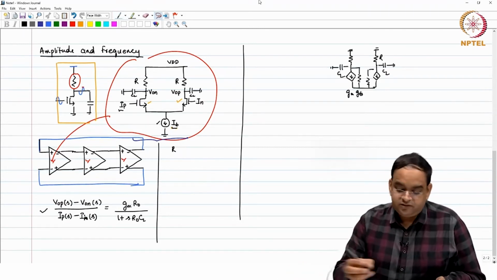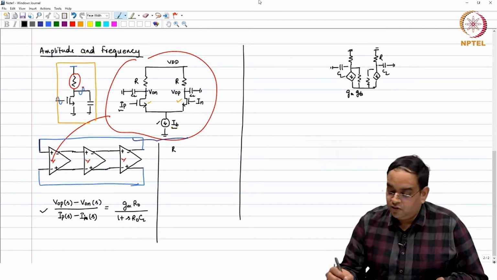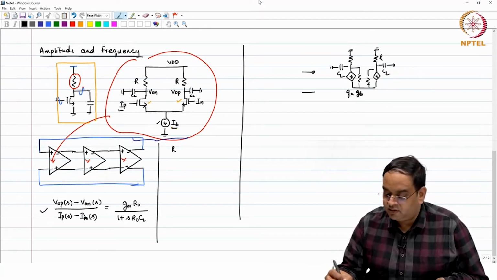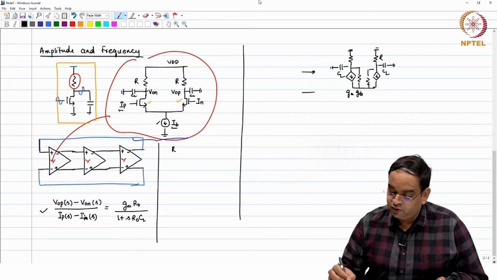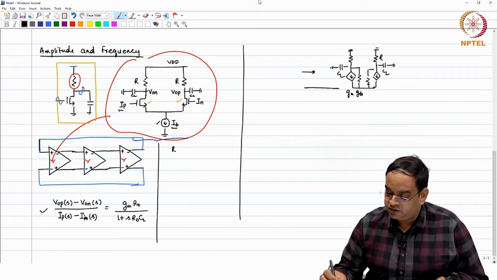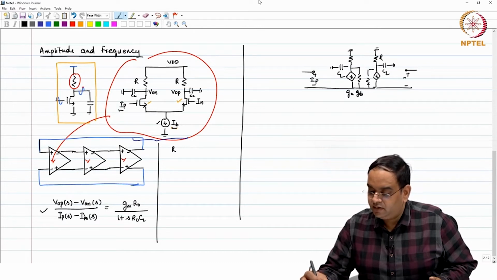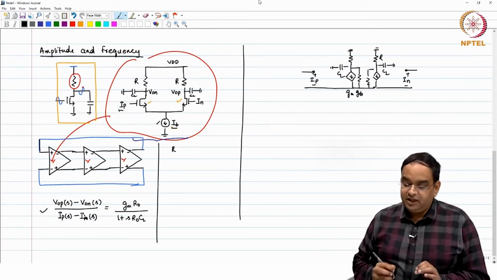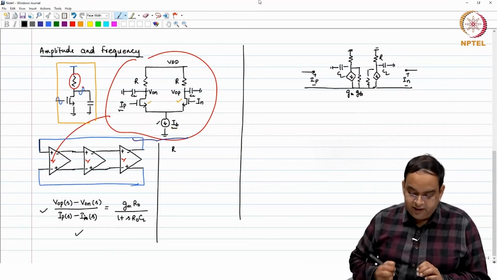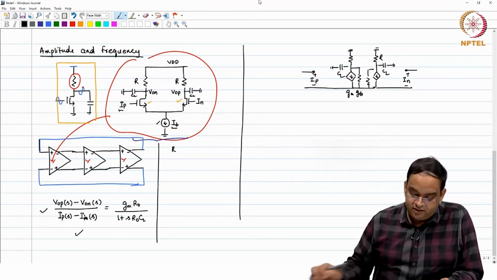So, what I have here is this is with respect to the source. The source is connected here, this is IP and similarly you have IN. So, for the given small signal model you will get a gain term like this.